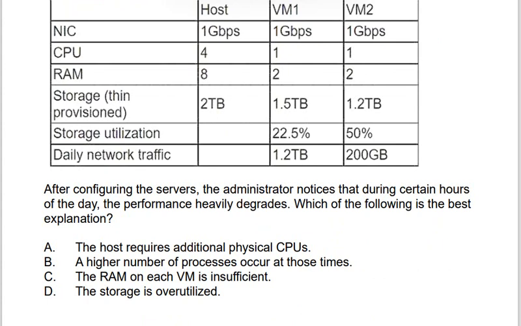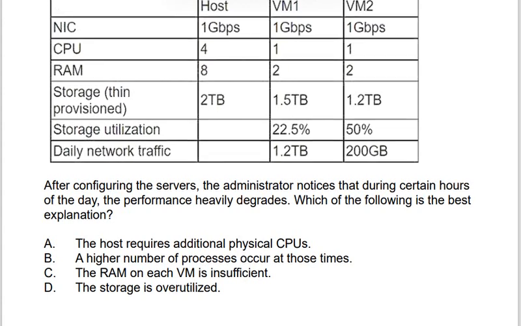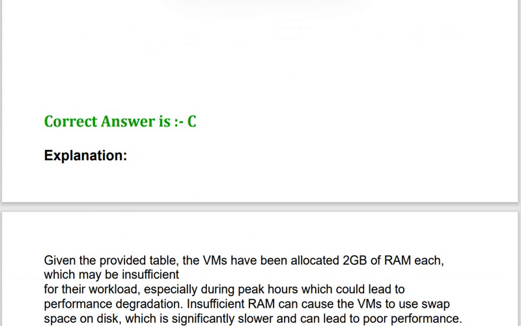Which of the following is the best explanation? Option A, the host requires additional physical CPUs. Option B, a higher number of processes occur at those times. Option C, the RAM on each VM is insufficient. Option D, the storage is overutilized. Correct answer is option C.